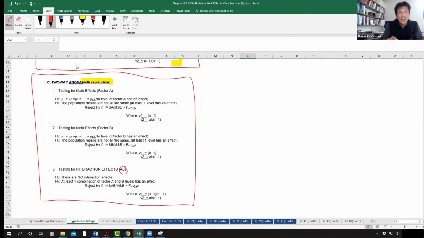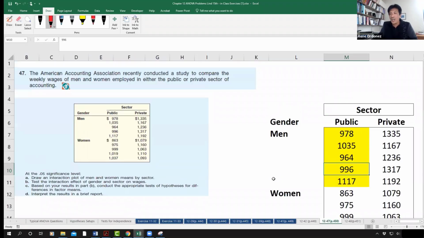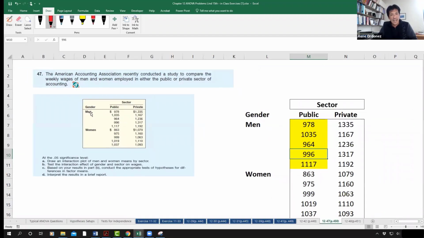You can only do that kind of analysis if you have replication, meaning that for every combination of, say, factor A and factor B, as I explained earlier in this example, you have replicates, because for each combination of, say, gender and sector level, you have 5 observations, otherwise known as replicates.